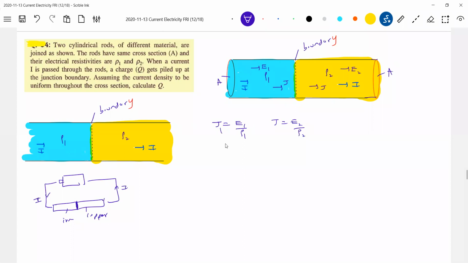So the current densities J1 and J2 are equal, J1 equal to J2 equal to J, which is I by A. So equating these two, E1 by rho 1 equals E2 by rho 2. Not density, the resistivities. Rho means here the resistivities.